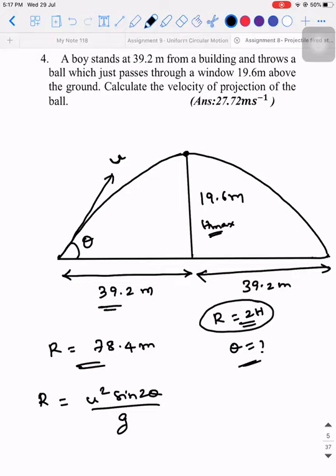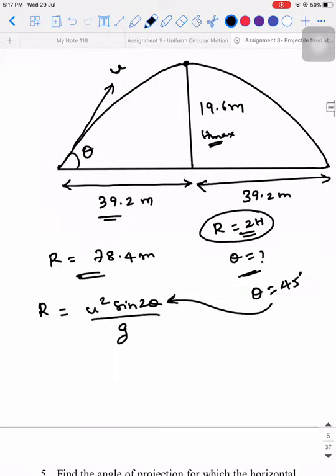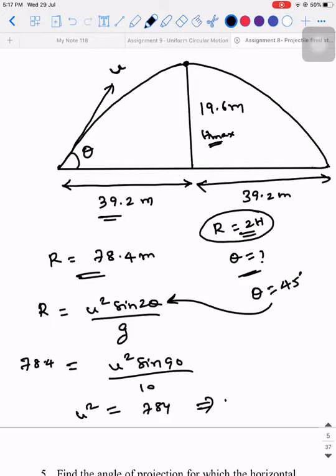So did you get it? Theta will be 45, that is right. So when you substitute theta equal to 45 here, u square sine 90 divided by g, g is 10, this is 78.4. So u square is equal to 784, which implies u will be equal to root of 784 meters per second. That is going to be the answer.